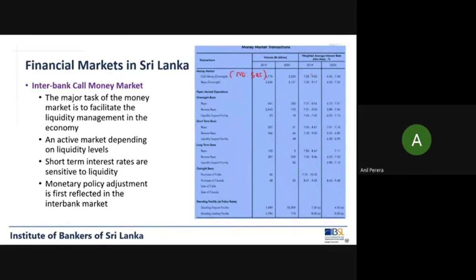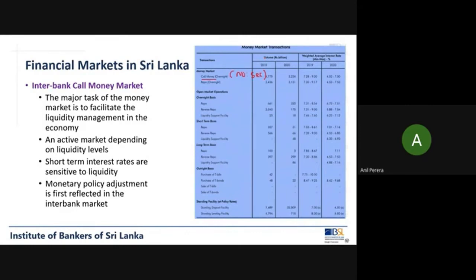Either you have to have a house or a vehicle or some other asset. If it is not secured, you call it unsecured borrowing, like credit cards and personal loans, they are unsecured. So these call money market transactions are unsecured, uncollateralized, which means no security.